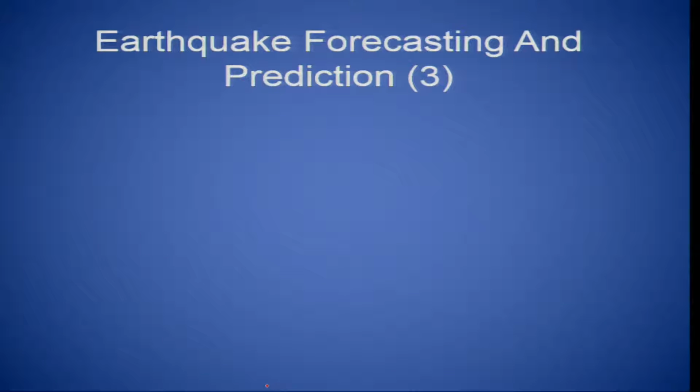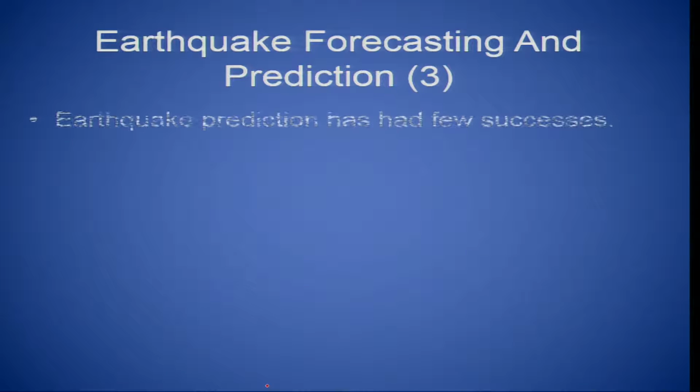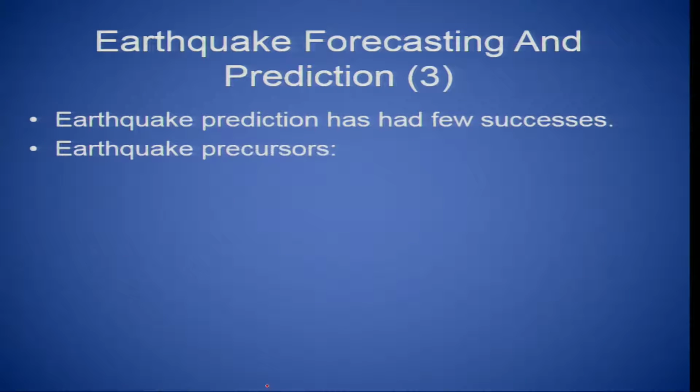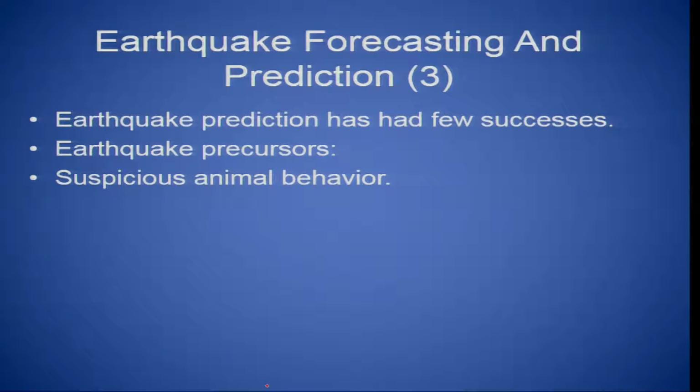Further, in the part of earthquake forecasting and prediction, earthquake prediction has had a few successes. Earthquake precursors one can monitor. People have been working on this part also, that is the suspicious behavior of animals, and this is very time bound.